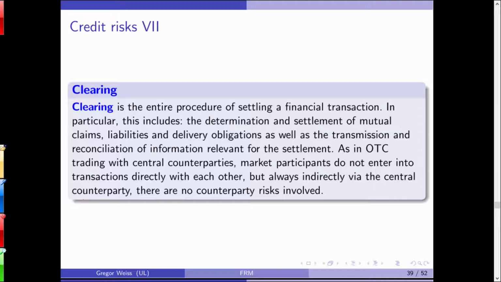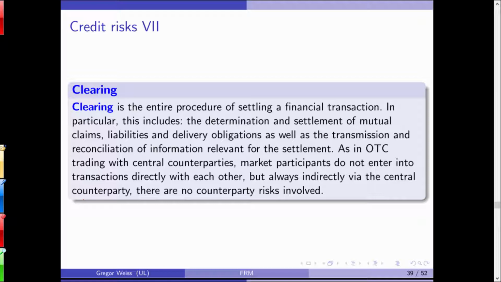In particular, this includes the determination and settlement of mutual claims, liabilities, delivery obligations, as well as the transmission and wiring reconciliation of information relevant for the settlement. As in OTC trading with central counterparties, market participants do not enter into transactions directly, but always indirectly via the central counterparty or via the exchange.